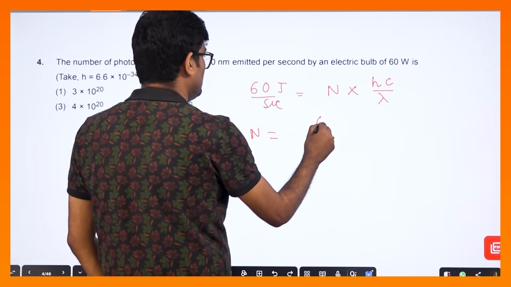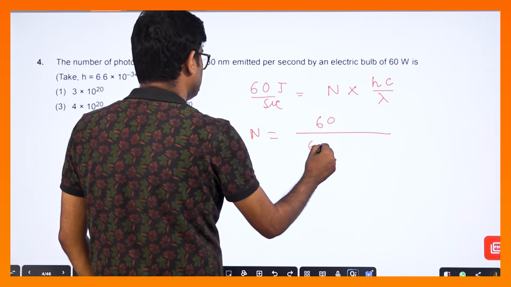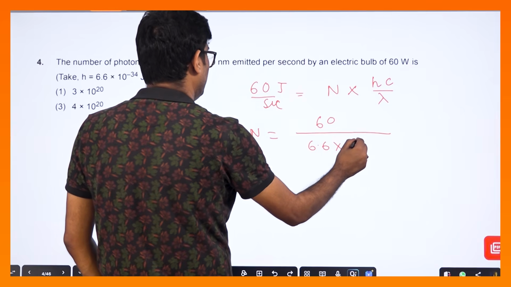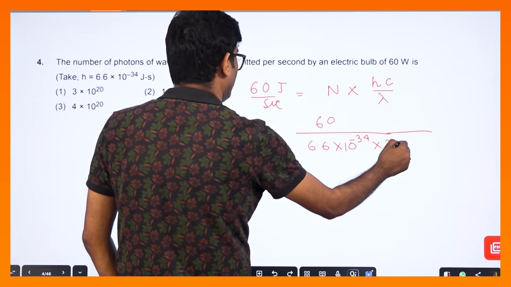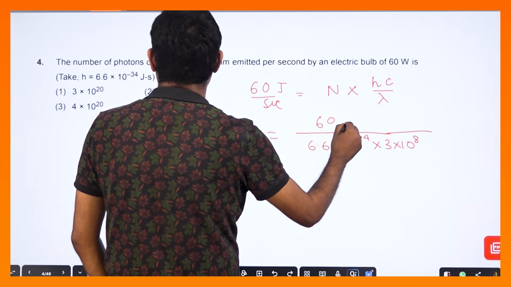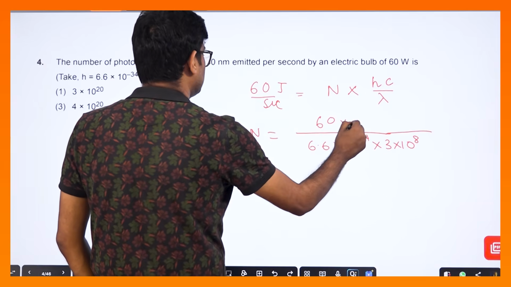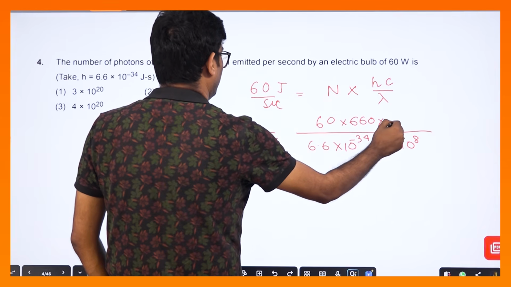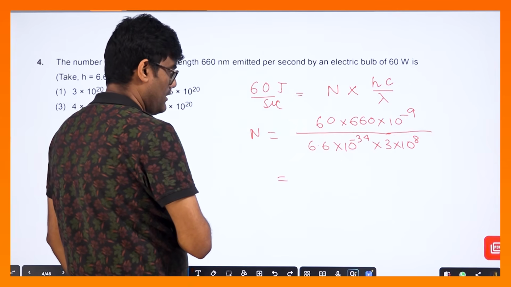So n is equal to 60 divided by hc by lambda. Now h is 6.6 into 10 power minus 34, right? And c is equal to 3 into 10 to the power 8. And lambda is given as 660 nanometer, 10 power minus 9. I think this will give your answer, right?